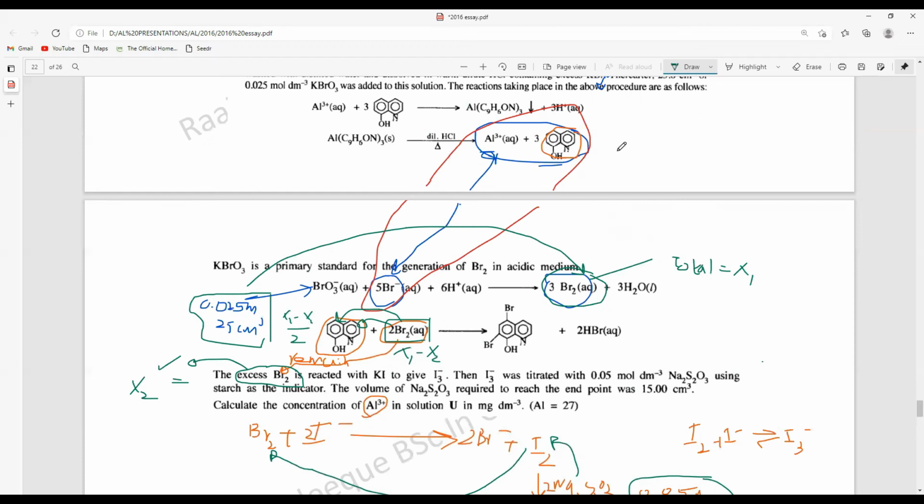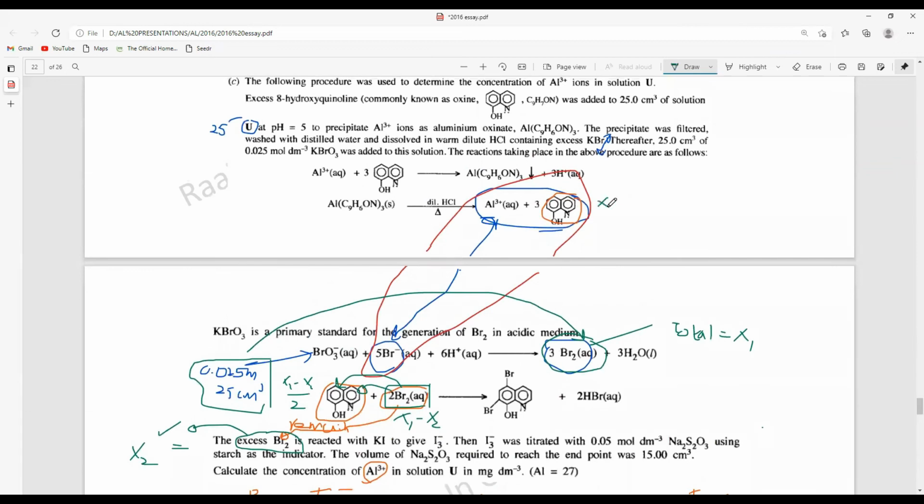So this oxime is present here, x1 minus x2 divided by 2, which we found here. And according to the stoichiometry, this is 3:1, so our aluminium 3 plus in this solution will be again divided by 3. This is the total amount of aluminium in this solution.